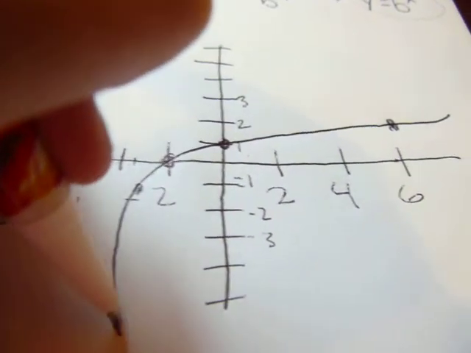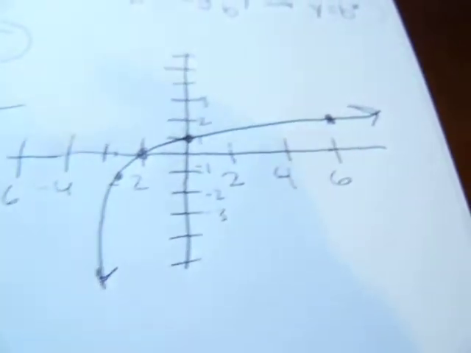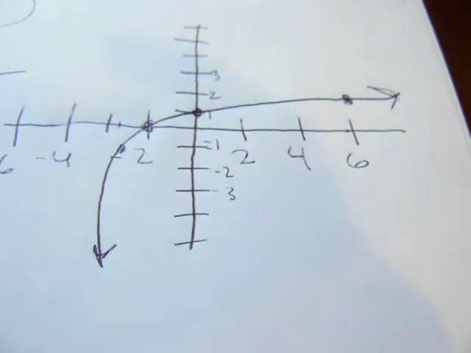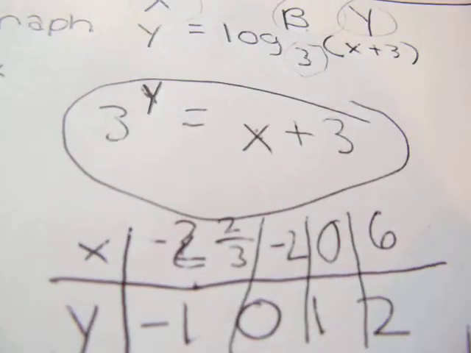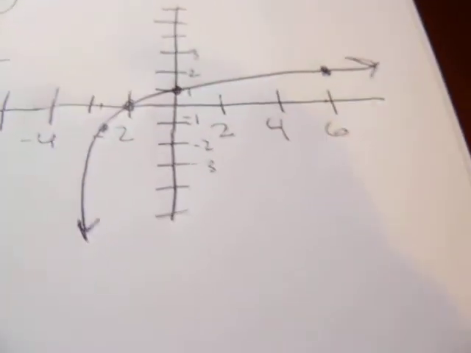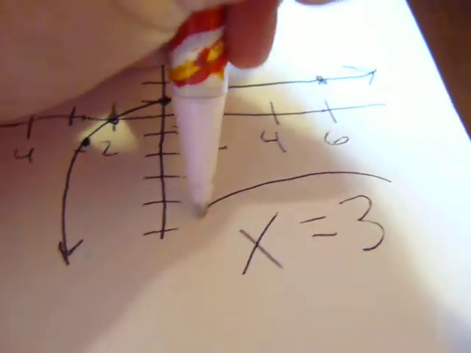So once we make our curve, this would be our graph, and the vertical asymptote, because we're solving for x in this case, would be x is equal to -3 instead of y is equal to -3 if we were solving for y.